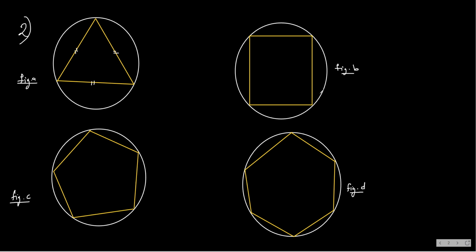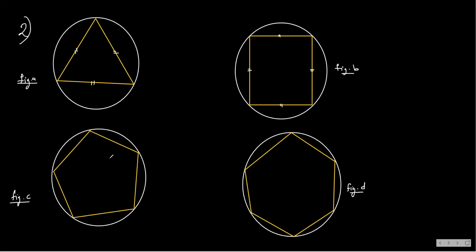And then in the second figure, I have a quadrilateral inscribed in a circle. But again, the four sides of the quadrilateral are equal. That is, I have inscribed a square inside a circle. Then I have in figure C a pentagon. You can check there are 5 sides.